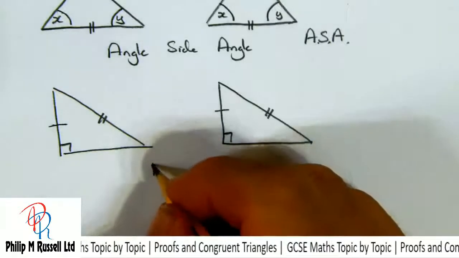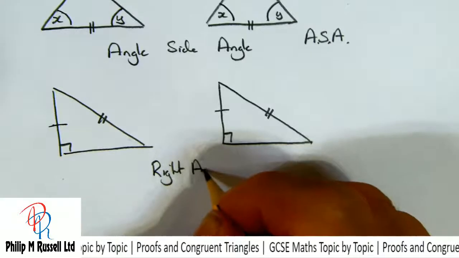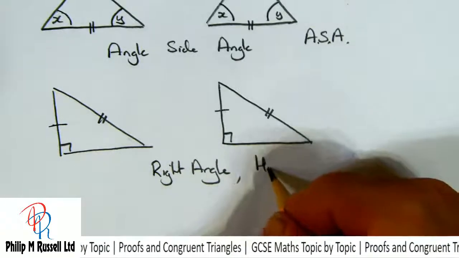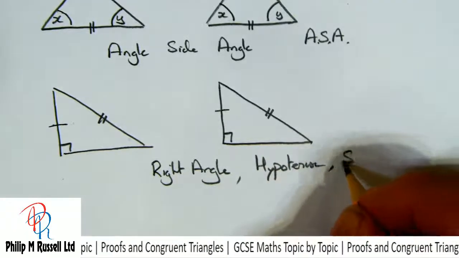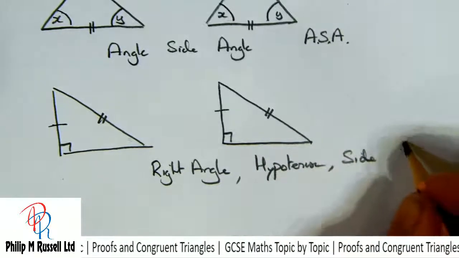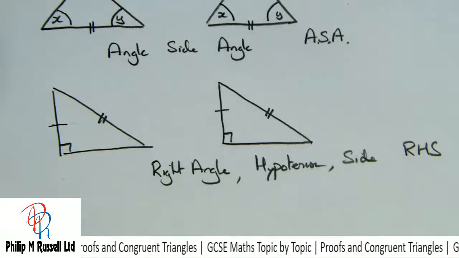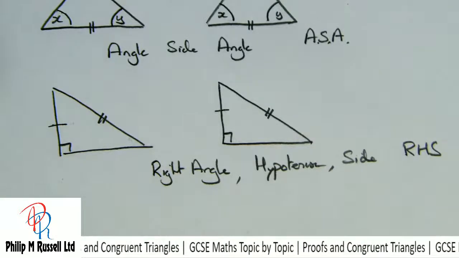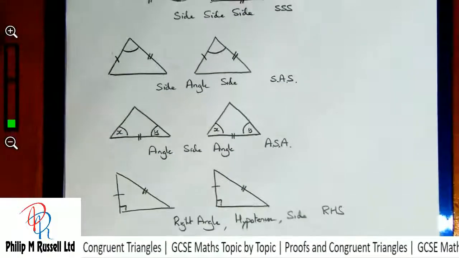This is going to be right angle, the hypotenuse, and a side, RHS. And these are our 4 ways of proving that triangles are identical.